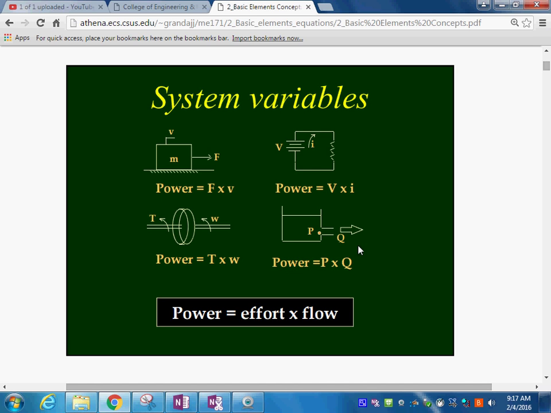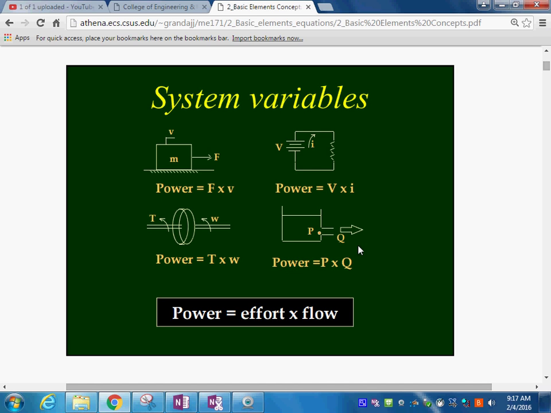The idea really is to be able to do models and learn control systems of devices that are not strictly mechanical systems. You can do electrical systems as well.